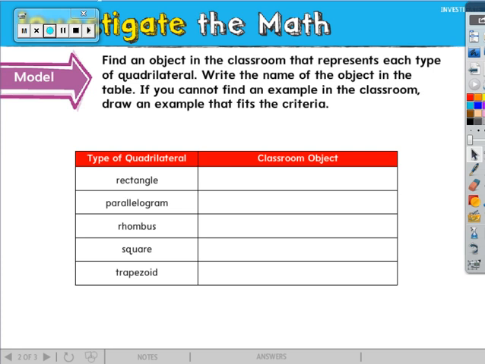Now, we're going to talk about different types of quadrilaterals. Everything that we're going to be talking about today is classified under quadrilateral. The only thing is that there are subcategories, just like triangles. Everything we talked about yesterday was a triangle, even though we had scalene triangles and isosceles triangles.